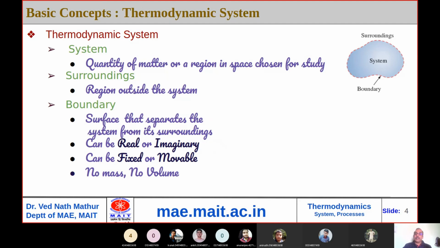But then if I consider my entire kitchen as a system, then I can say whatever is happening is within that kitchen only. My system is in that kitchen, my surrounding is in that kitchen, and there is no interaction of my kitchen with the external. Then that kitchen becomes my isolated system for that particular study.